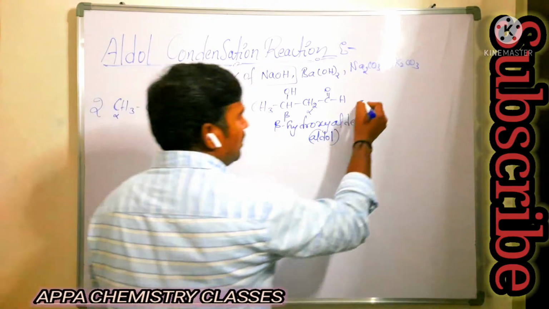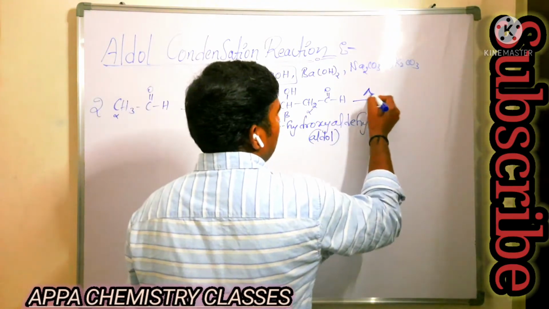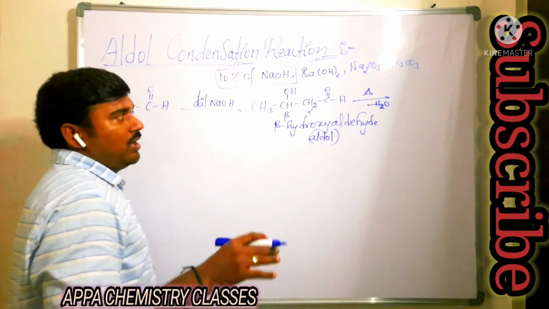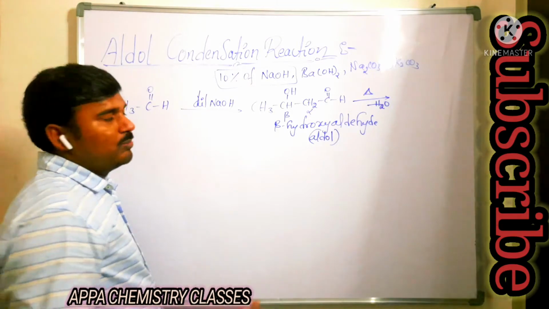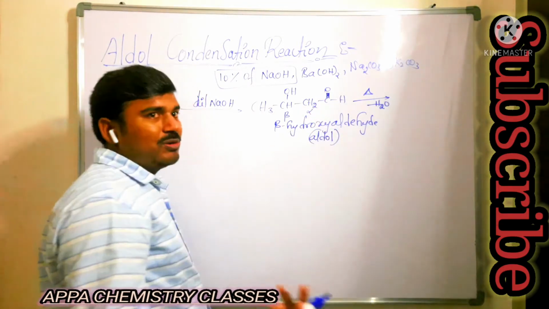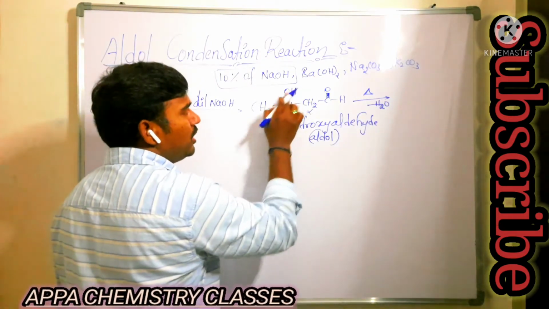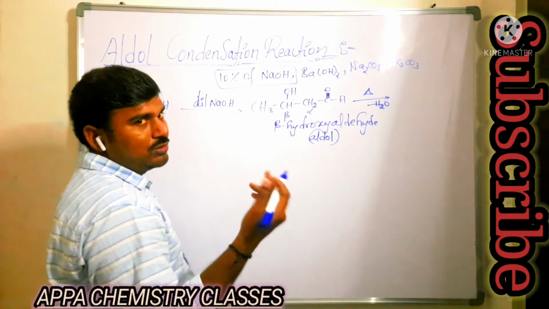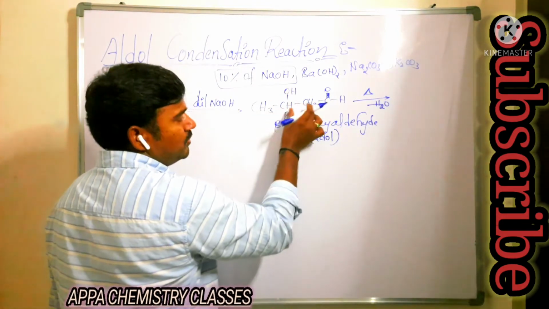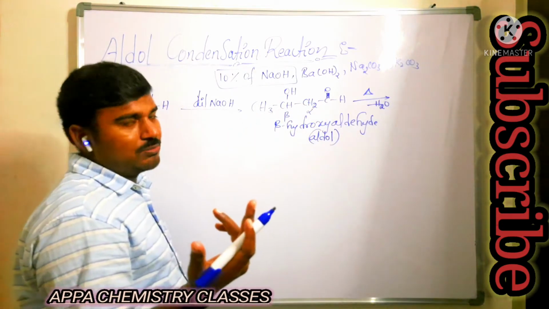Now this aldol, upon heating, loses a water molecule. Always a double bond will be formed, and we have to check whether after formation of the double bond we have conjugation or not. This hydrogen and this OH can be lost as a water molecule, and there are two possibilities for the multiple bond.